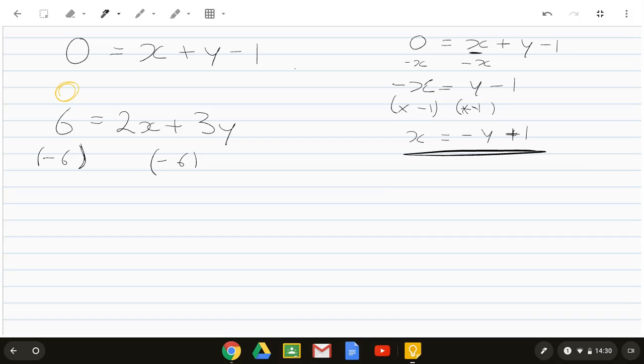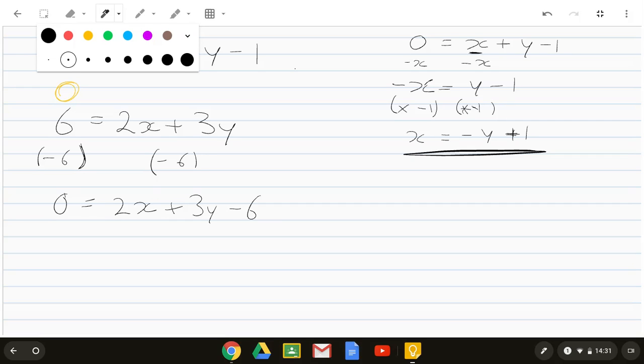Okay, I write that down just so it helps me know what I've done on both sides. So 6 minus 6 is 0. And on the right, I have 2x plus 3y minus 6. Now, this is often a very good place to start.